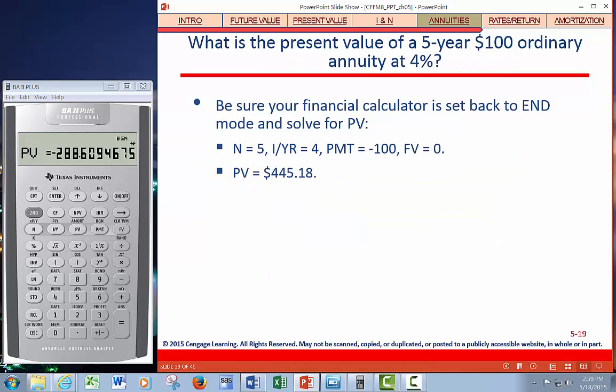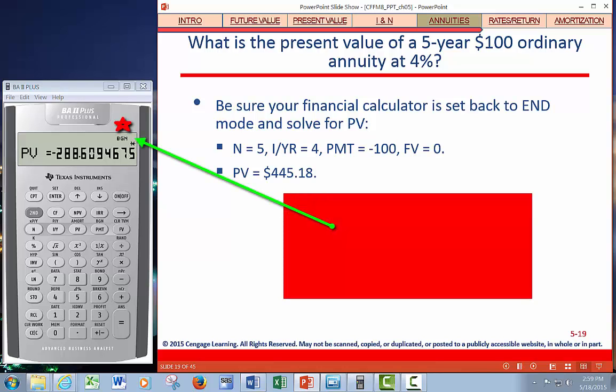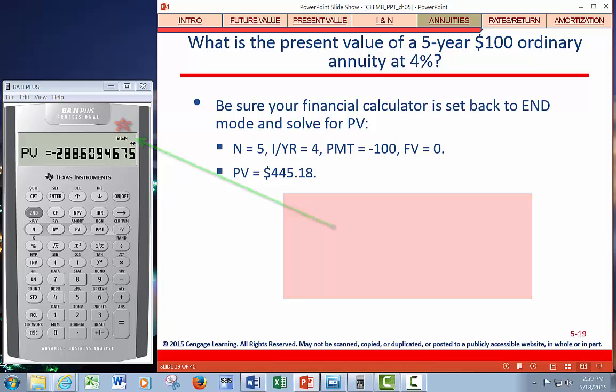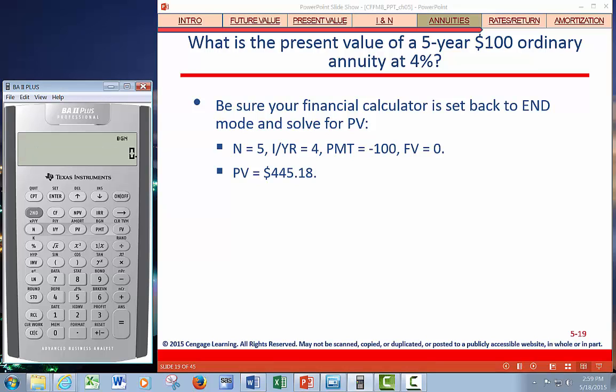The problem in this slide is an ordinary annuity. Therefore, if you left your calculator in begin mode, you will have to change it back to end mode. The question is asking for the present value of a 5-year, $100 ordinary annuity at 4% interest. Here, I will change my calculator to end mode.